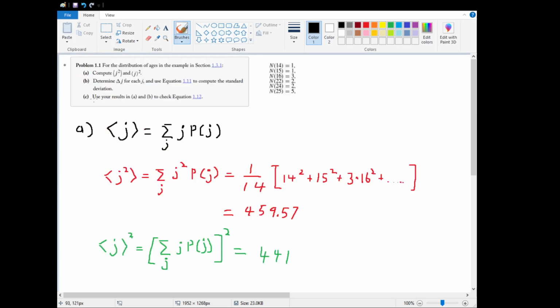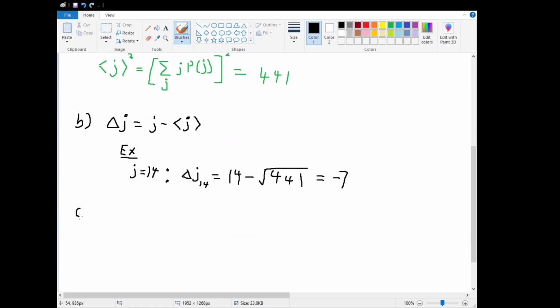Part C, we want to use our results from part A and part B to check equation 1.12. And equation 1.12 was the setup for the standard deviation, where we said that the standard deviation is equal to the square root of j squared average minus j average squared.